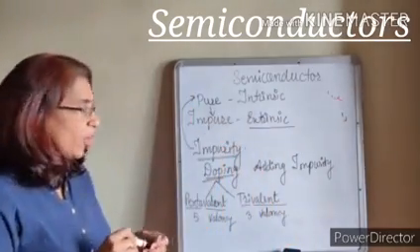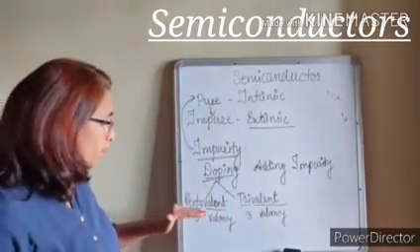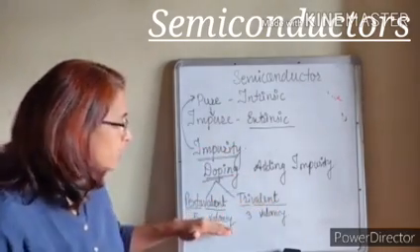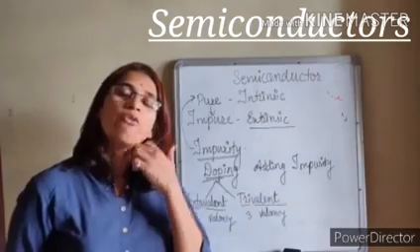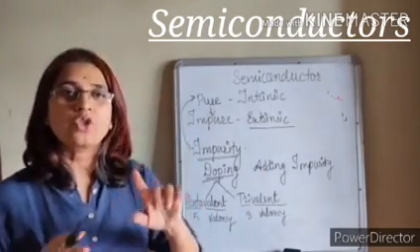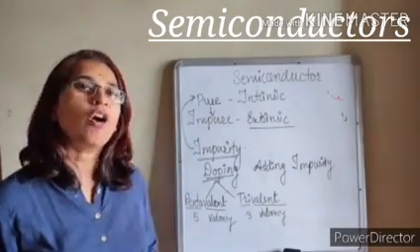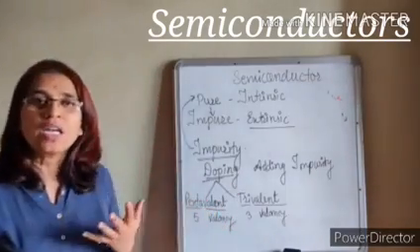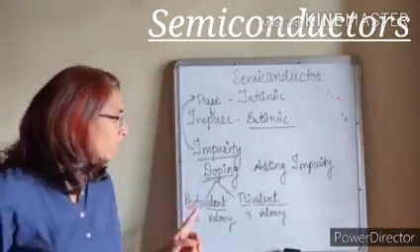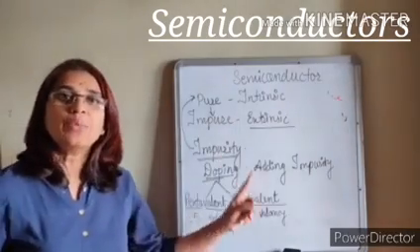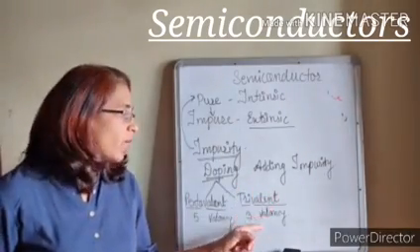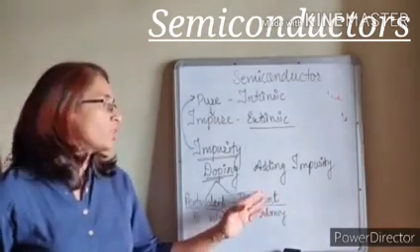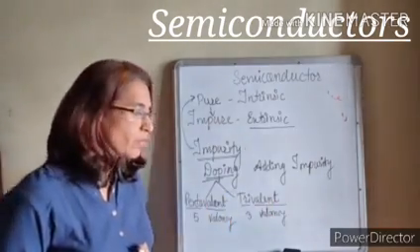So the impurity is pentavalent impurity or trivalent impurity. Valency 5 means the elements which have 5 electrons in the last orbit. Elements which have 5 electrons in the last orbit are called pentavalent impurity, and elements having valency 3 are called trivalent impurity.